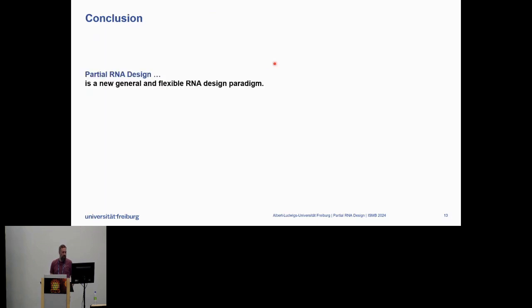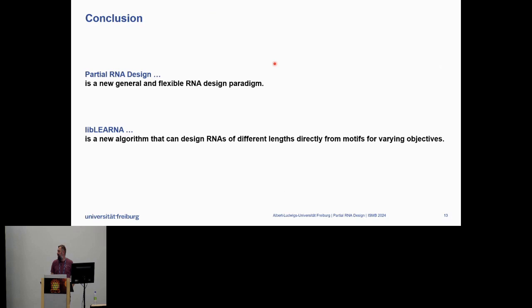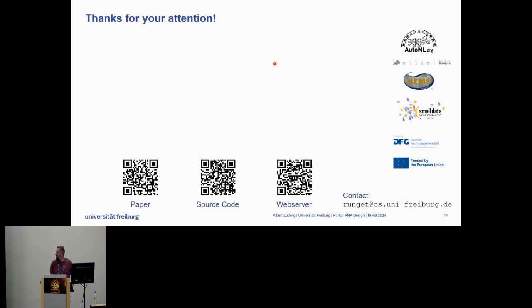So in conclusion, I propose partial RNA design, which is a new general and flexible RNA design paradigm. And we propose an algorithm, LibLearner, which can design RNAs directly from the provided motifs using varying objectives. And yes, so thanks for your attention. Please visit our paper. The source code is publicly available.